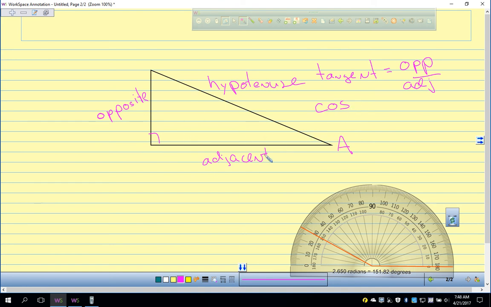But they said, oh, I don't want to do the Pythagorean theorem every time. Let's figure out another ratio. They called that cosine, okay? I'm not sure why. Cosine, and cosine is equal to, anyone know what cosine is equal to?